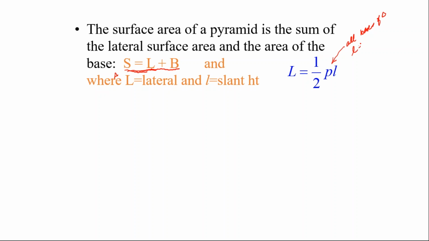The slant height is the height of the triangle. Area of a triangle is 1/2 the base times height. So instead of doing them all up individually, we just do the perimeter. That way we just take care of it one time. So that is the surface area: lateral plus one base. That's all I have, one base.